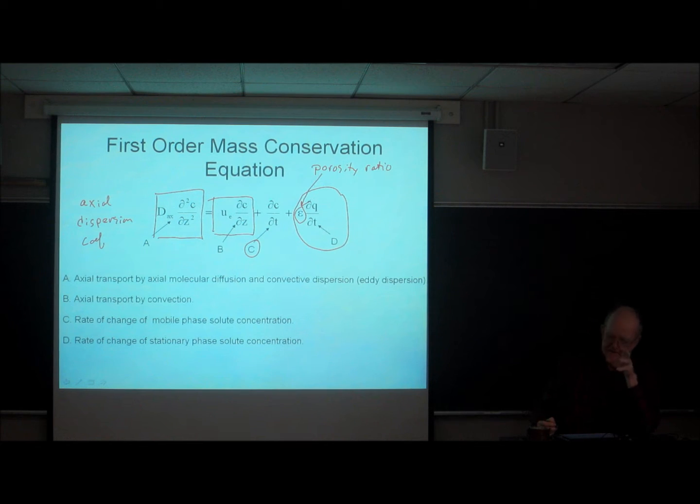And if you do the mass balance properly, you'll find that what it is actually is the ratio of the volume of stationary phase per unit length of column divided by the volume of mobile phase per unit length of column. So it's really Vs over Vm. The per unit length of column cancels out. And this is really our friend the phase ratio from week 1 of the course. So it's the phase ratio.